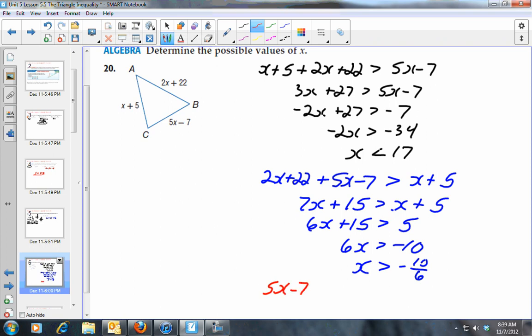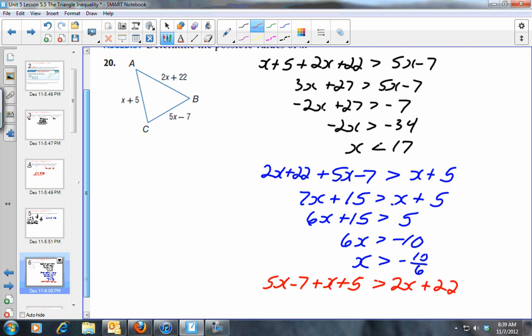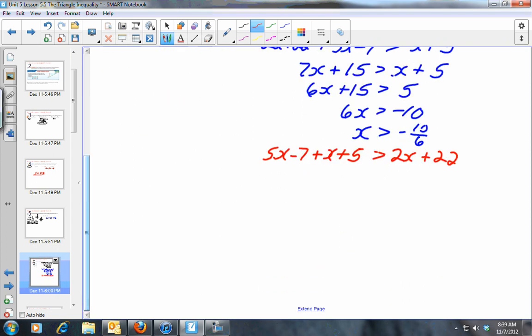5x minus 7 plus x plus 5 has to be greater than 2x plus 22. Let's see what happens here. That'll be 6x minus 2 is greater than 2x plus 22.